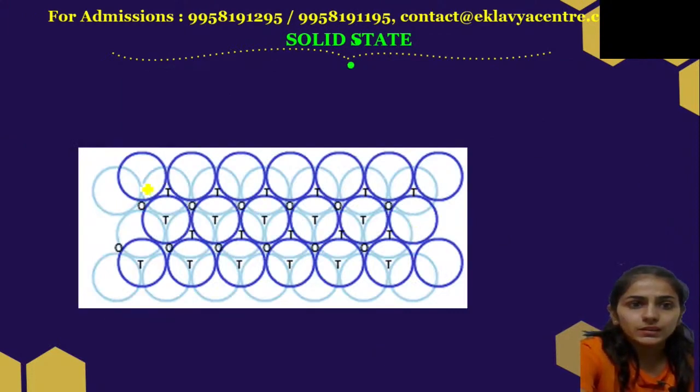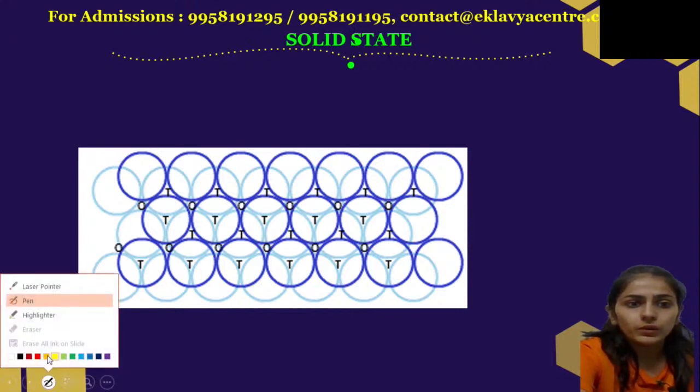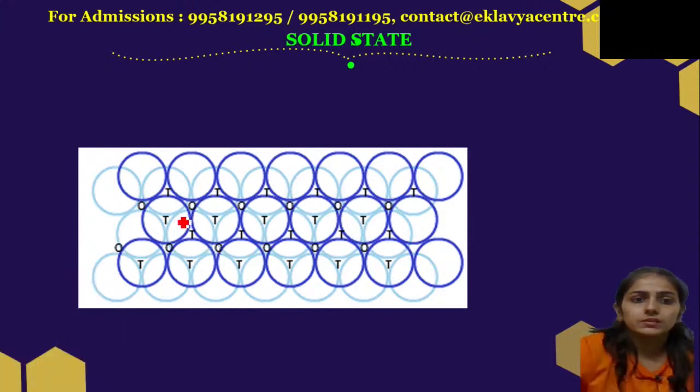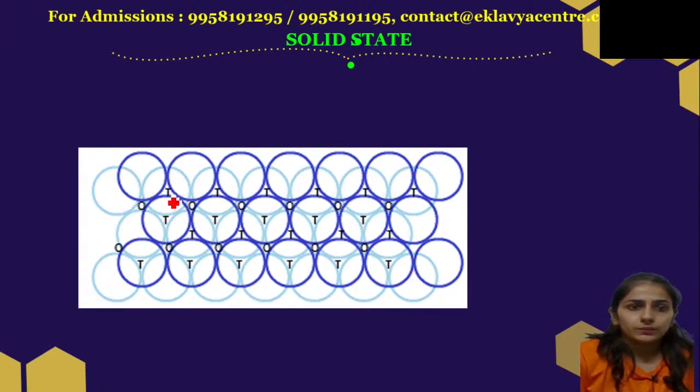So see this. The tetrahedral void is due to 4 spheres. See this tetrahedral: 1, 2, 3, 3 dark blue and 1 light blue. This tetrahedral is due to 3 dark blue plus 1 light blue.